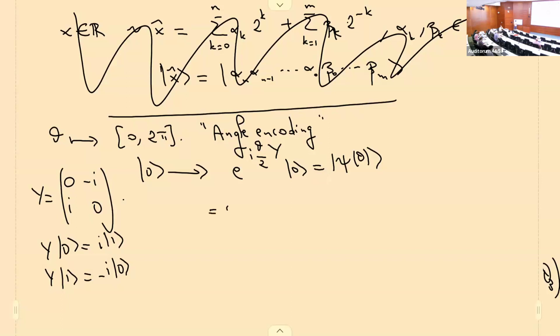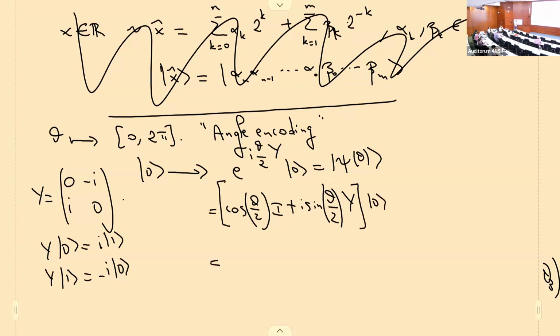And this means that this is cos theta over 2 identity plus i sine theta over 2 y, applied to 0. Now this is cos theta over 2 times 0, and then y applied to 0 gives me i times 1, and i squared, so minus sine theta over 2 times 1.